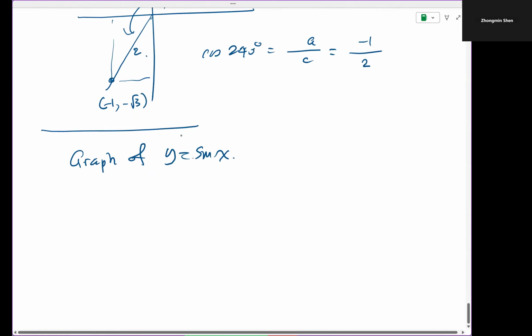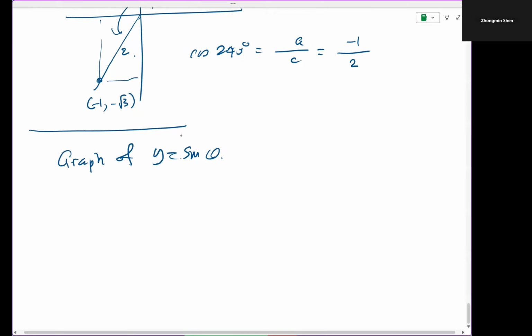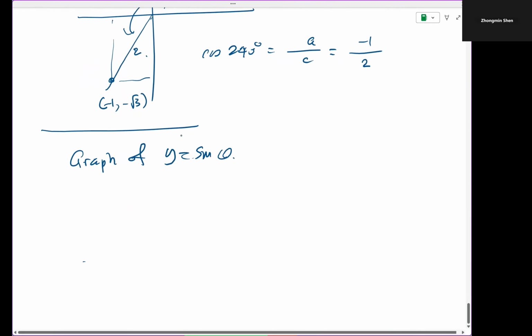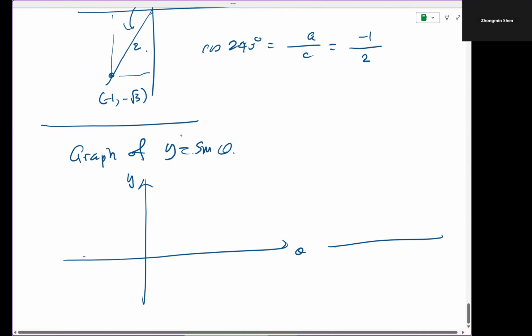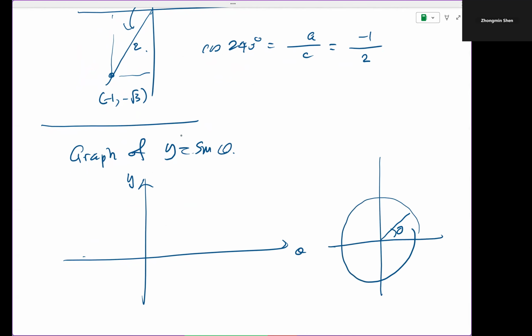Maybe we use an angle, it's a bit easier. Let's use the angle. This side is angle theta, this side is the y value, or you can use any values. Now, inside here, we have to imagine a circle. This is theta.